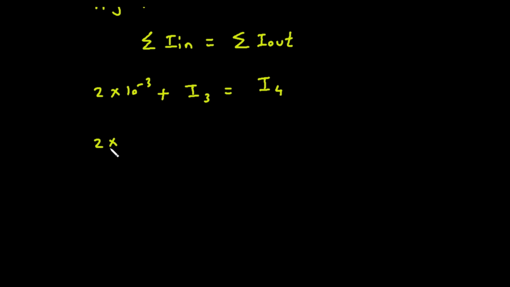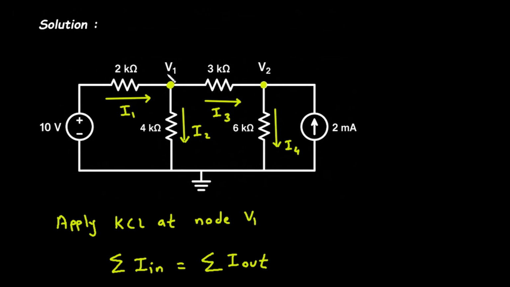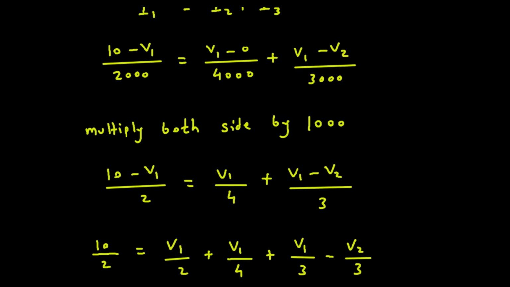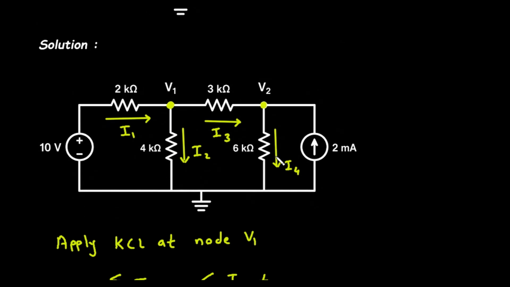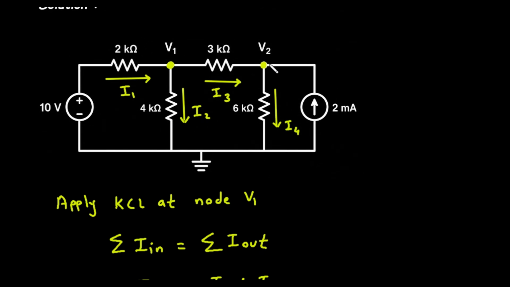So 2 into 10 to the power minus 3 plus, now we can write this I3 as V1 minus V2 divided by 3000 is equal to I4. So I4 is V2 minus 0 divided by 6000.